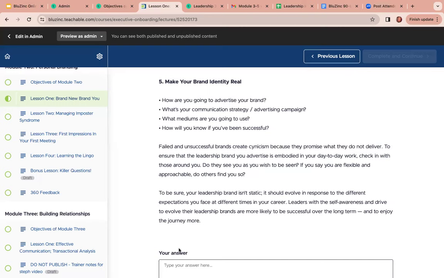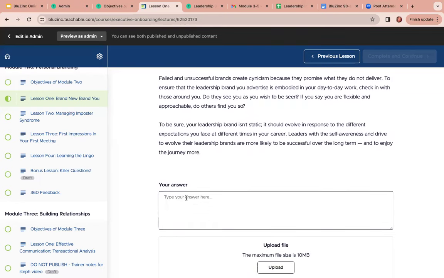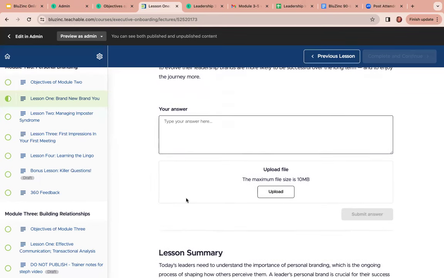Can you upload videos of you and your team at your team away days? What are you going to do to advertise yourself within the business? And finally, one of the most important parts, which quite often gets forgotten, is how will you know if you've been successful? What does success look like for you? What does this brand being a success look like for you? Again, you can type your answer there or you can upload a file.